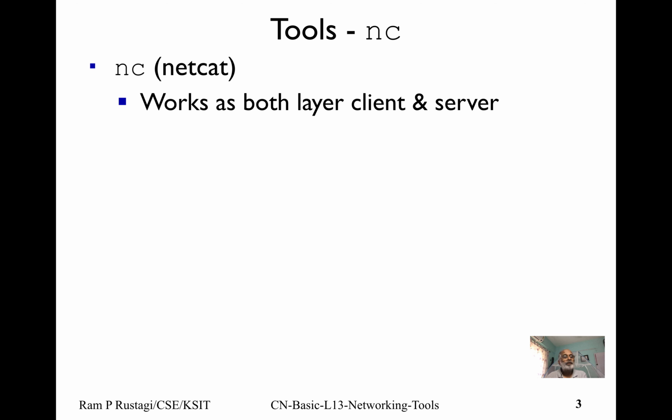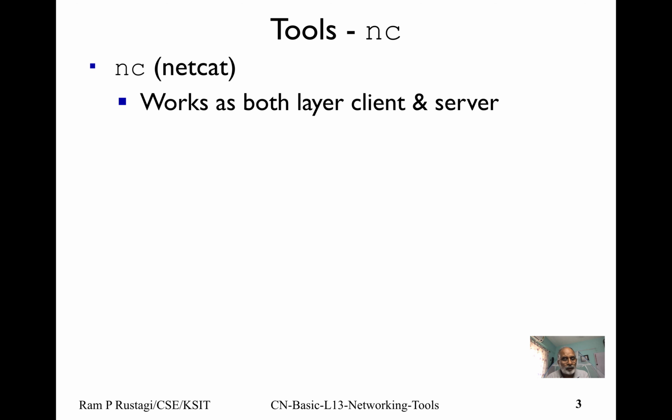What really is NC? NC is called Netcat. It's the simplest tool that enables you to communicate using both TCP and UDP, which we'll study much later in our course. NC can act both as a client and a server.